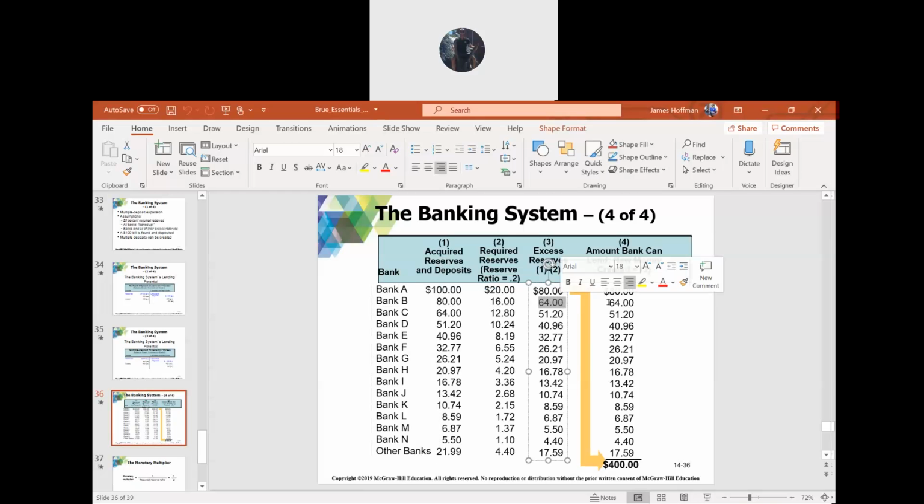And then the customer in Bank B gets a loan for $64, the excess reserves for Bank B, and buys a video game. Then the video game company deposits $64 in their bank, Bank C, and you see the process. Each amount that's lent gets spent and put into another bank from the business, and there's a trickle down effect, creating more and more money. And given this example, the $80 that was lent out by Bank A can create up to a total of $400 of new money.